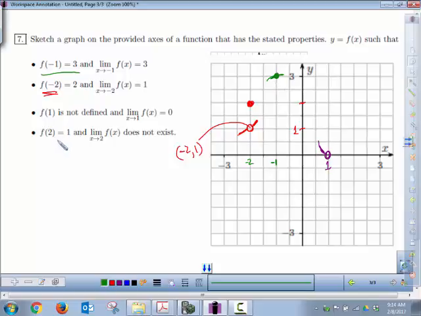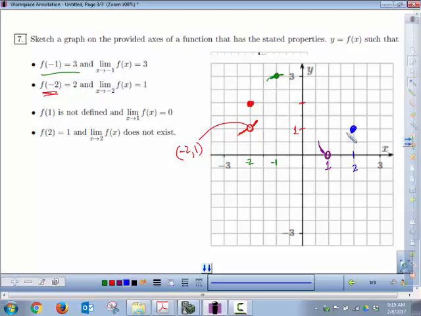Now, the next one, f of 2 is equal to positive 1. But the limit doesn't exist. So there are several ways to play this game. One, if you like infinity, you can make the limits go off to infinity. Two, you can make it approach an actual value from one side and a different value from the other side.